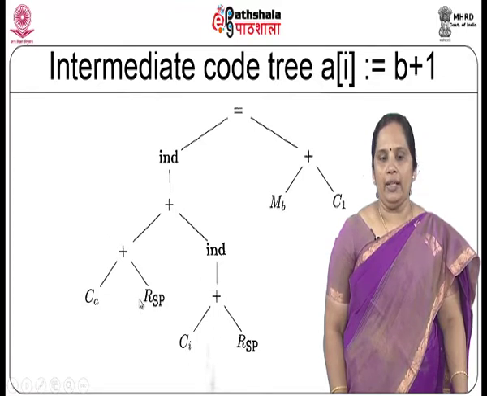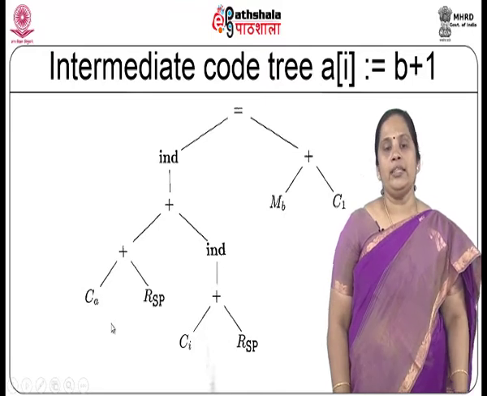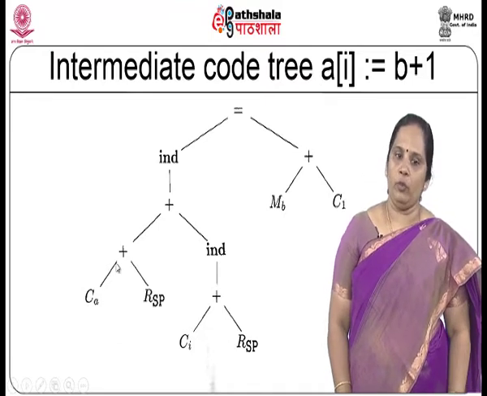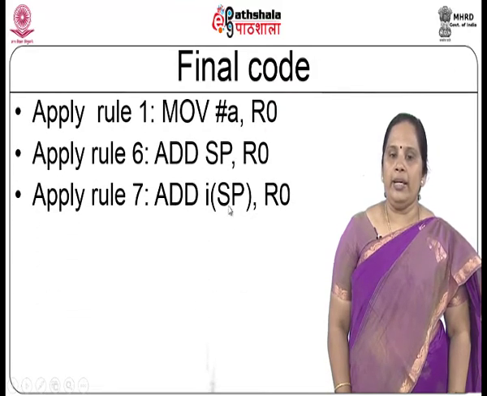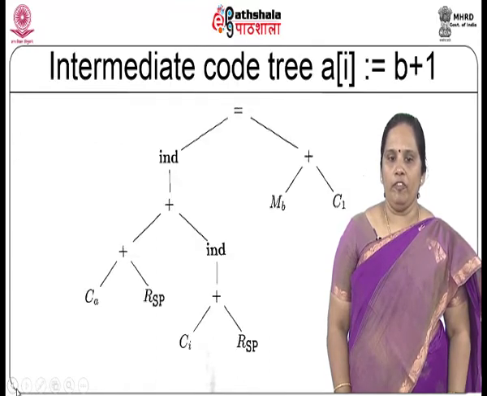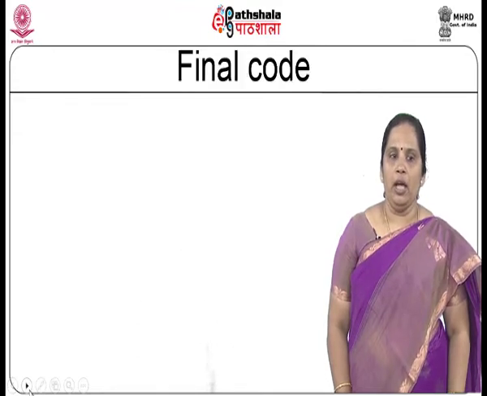So I have to add the stack pointer register with whatever the contents of CA is. CA is now moved to a register, therefore I have to add register based computation, and then apply rule 7 to index it using I. I is available at the root, this is I, so I can use that as an indexing situation.